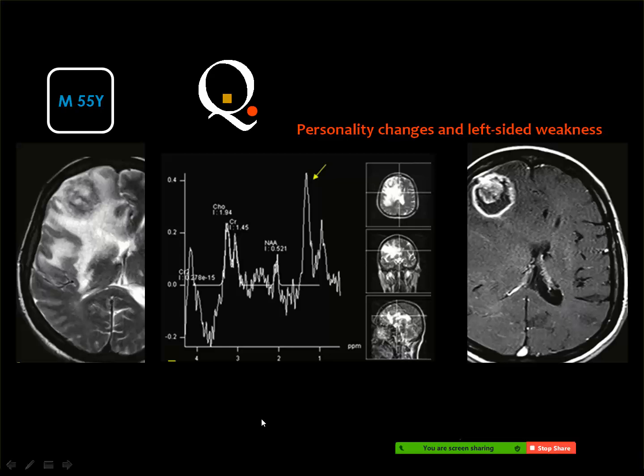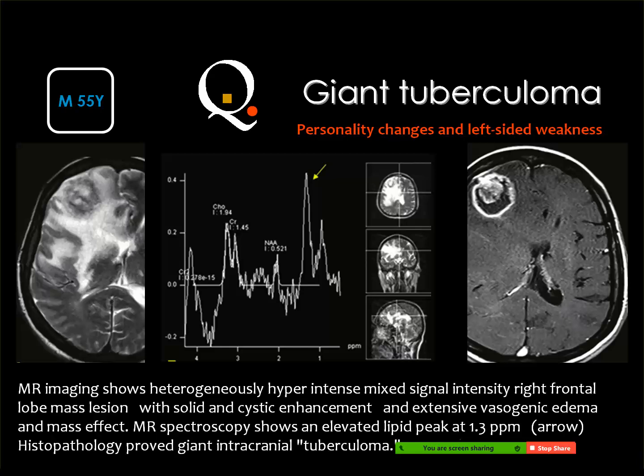Fungal abscess. Yes, and this was actually proved to be a giant tuberculoma. You know that the pyogenic abscess does not contain such an intracavitary lesion, but the tuberculoma may contain this lesion due to caseous material and associated pus component.